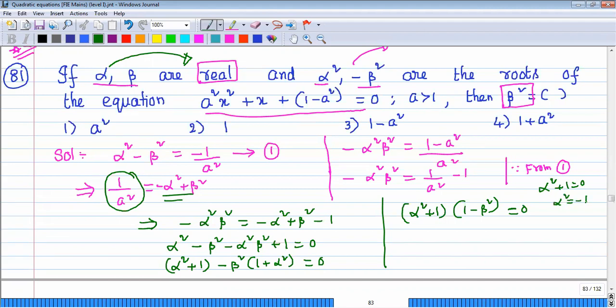But the square of a real number cannot be negative, so alpha would have to be imaginary, which is against our given data. So alpha square plus 1 should not be 0. Since the product is 0, 1 minus beta square obviously becomes 0. So beta square is equal to 1. This is the answer, the second option.